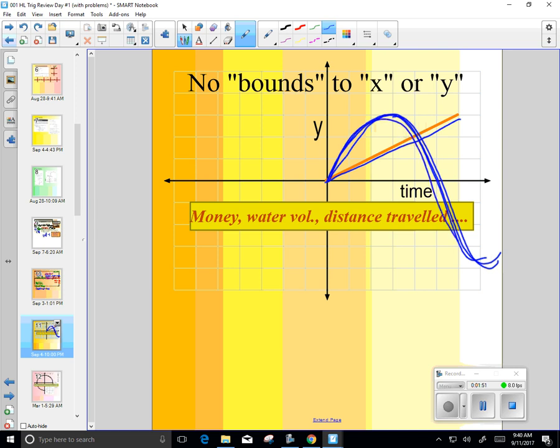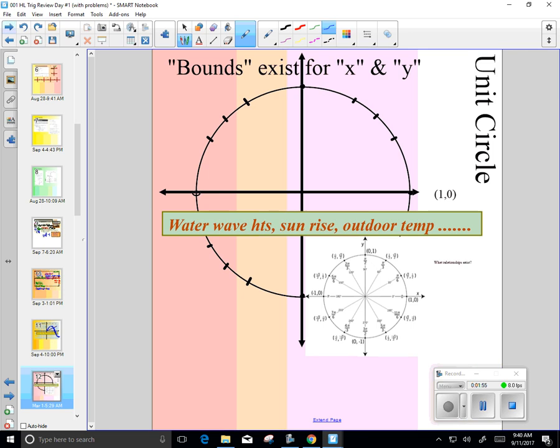But those bounded activities bring us to the unit circle. Water and sun, outdoor temperatures, lots of things are bounded. So trigonometry is a bounded set of functions. And what's really cool about it is that it's one of the best real-life fits of all the math functions.